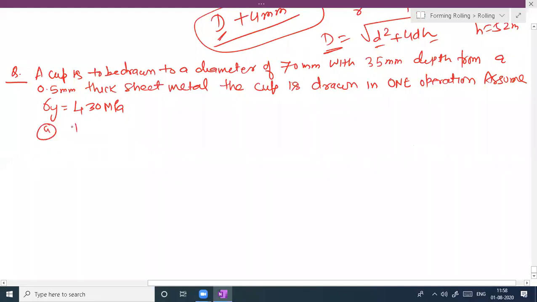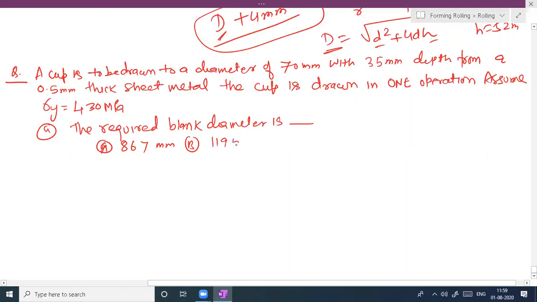First, the required blank diameter is: option A 6.7, option B 119 mm, option C 121.24 mm, then D 169.169 mm.